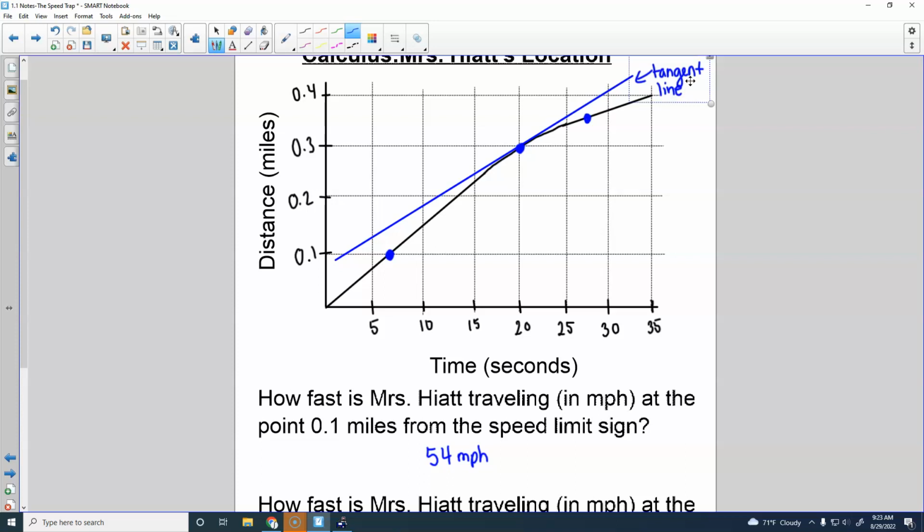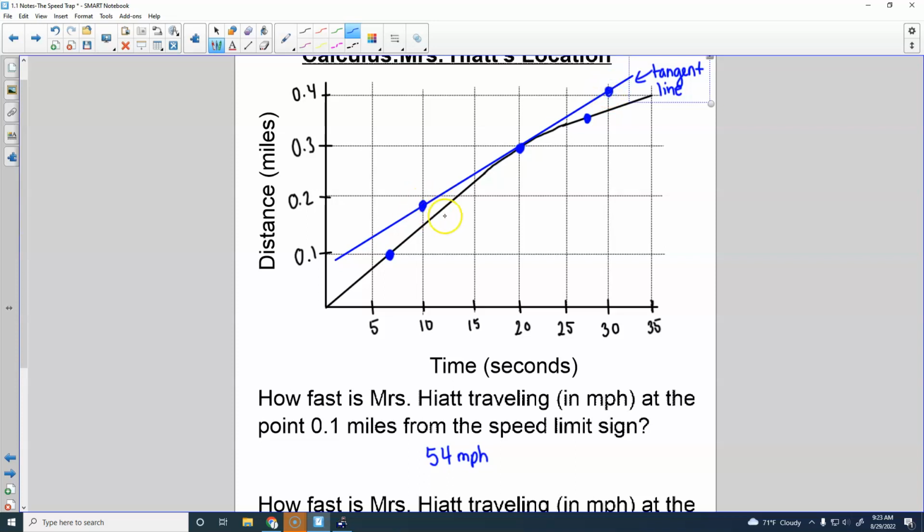And so what we can do in this particular situation is take this tangent line and use it to estimate how fast I was going. Now, in this case, it is going to be an estimate. So if I do that, I need to find a couple points. I'm going to pick these 2 points.